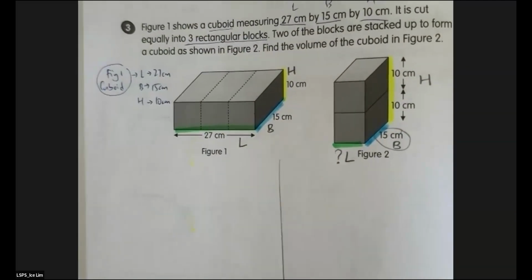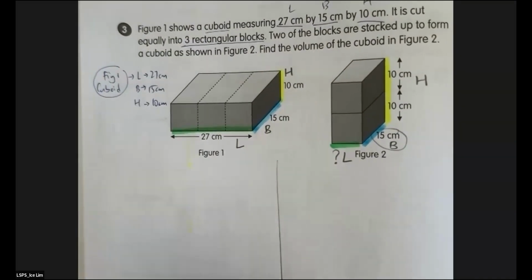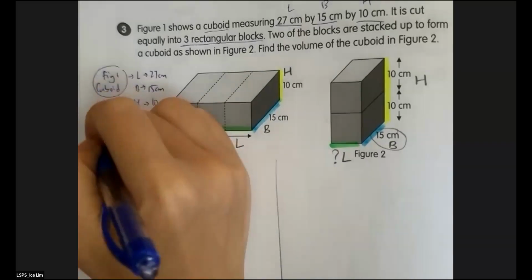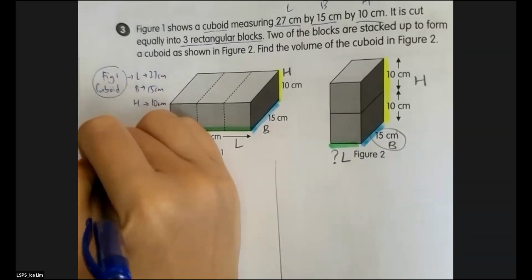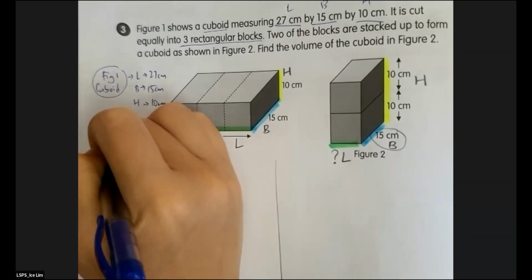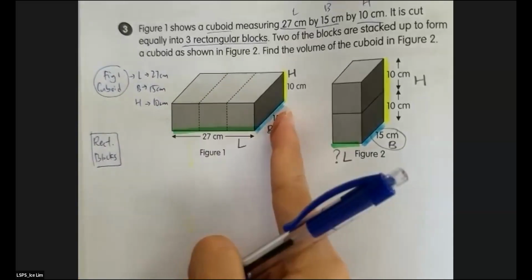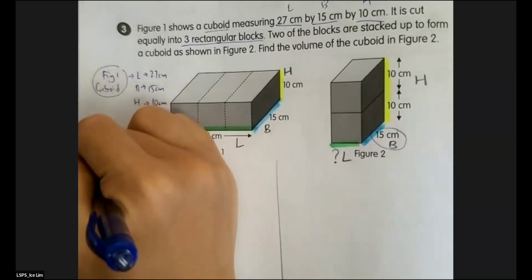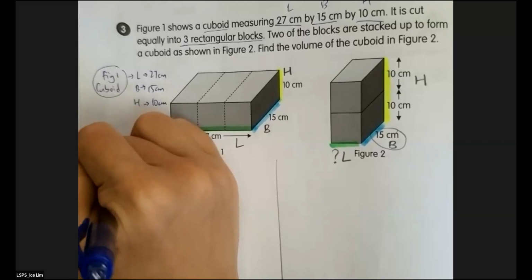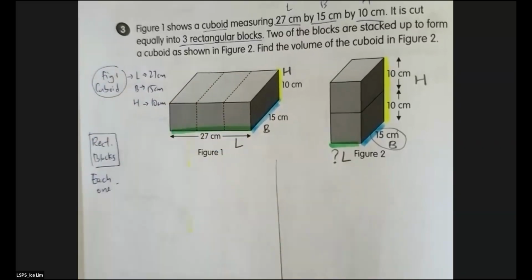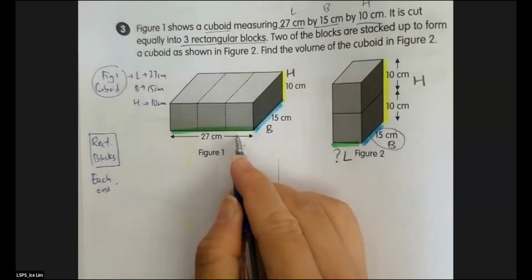Okay, I chop it into 3 rectangular blocks. There are 3 of them. I'm talking about one each of the rectangular blocks. Each one, what is the length?